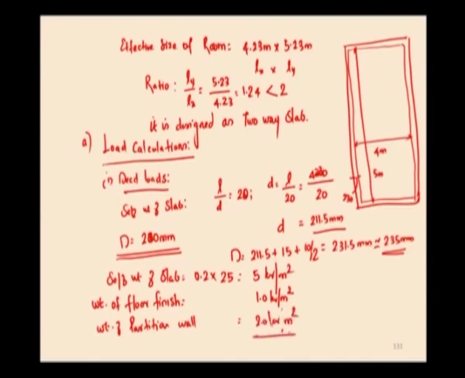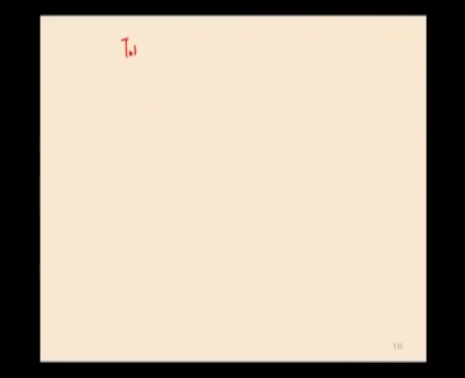Now we need to calculate the total dead load acting on the slab. Total dead load W suffix D is equal to 8.0 kilonewton per meter square.